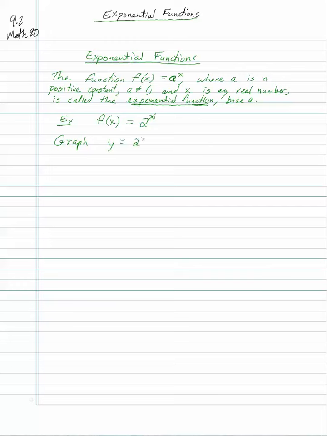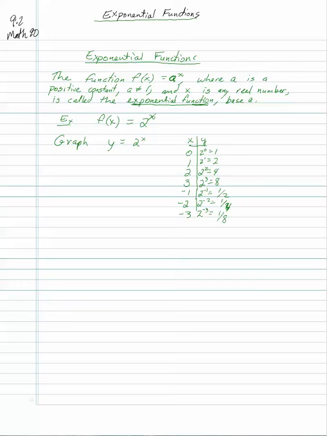If you have no idea what the graph looks like, you make an XY chart table and start picking numbers. 2 to the 0 is 1, 2 to the 1 is 2, 2 squared is 4, 2 cubed is 8, 2 to the negative 1 is 1 over 2, 2 to the negative 2 is 1 over 4, 2 to the negative 3 is 1 over 8.